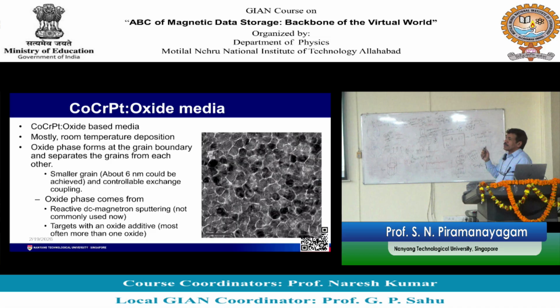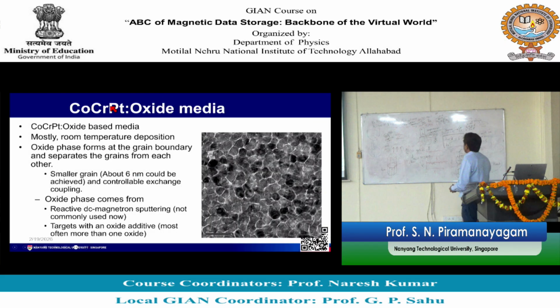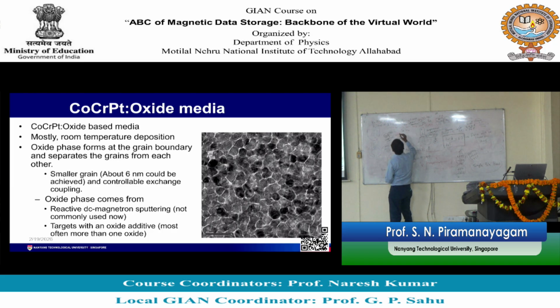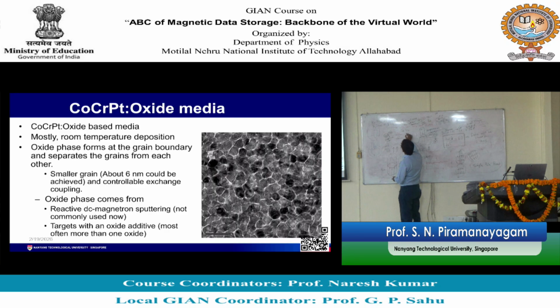If you ask what the elements inside perpendicular media are, typically it is a cobalt, chromium, platinum alloy. Chromium is very little, around 7 atomic percentage, mainly for the corrosion properties. You want to reduce the corrosion of cobalt, so you have some amount of chromium.